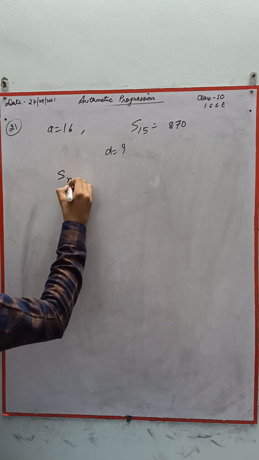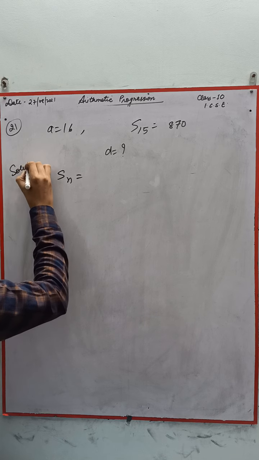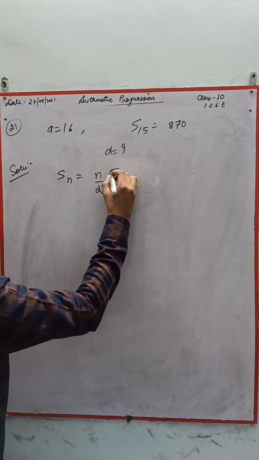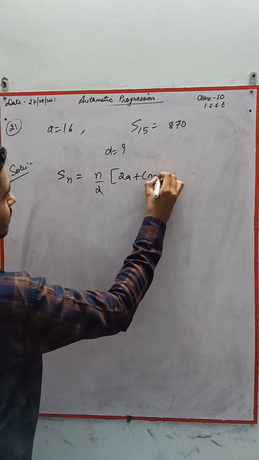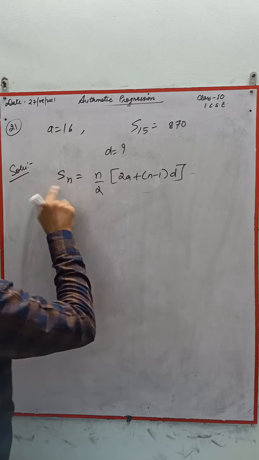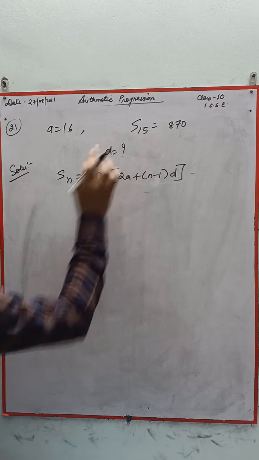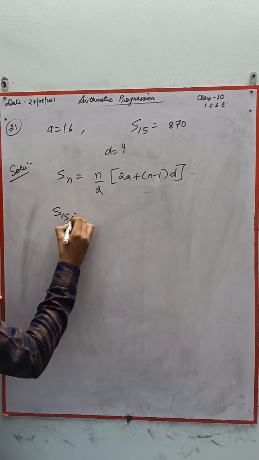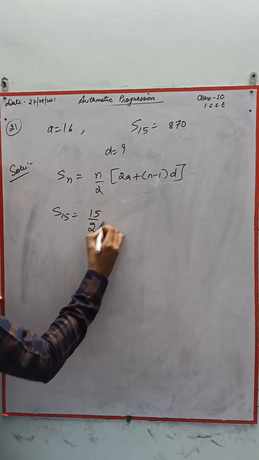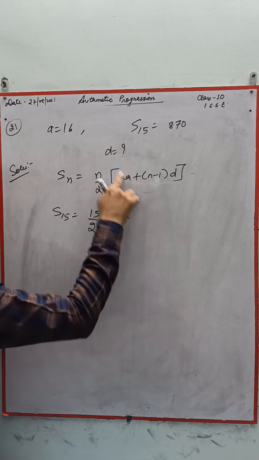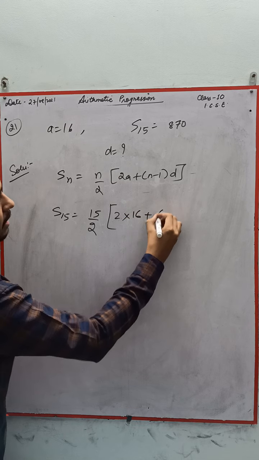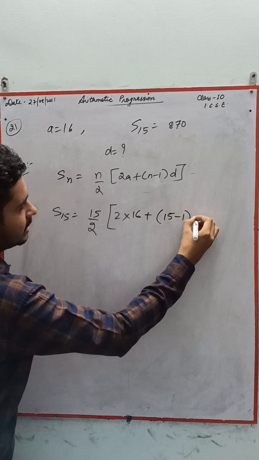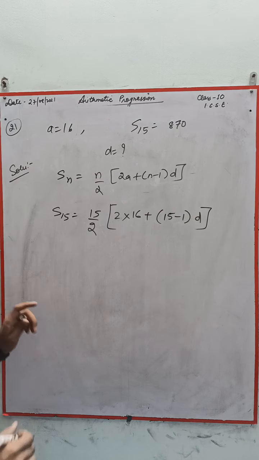So we know the Sn formula, that is n upon 2 bracket 2a plus n minus 1 into d. S15 we have, so n is 15. So S15 will be equal to 15 upon 2 bracket 2 into a, which is 16, plus 15 minus 1 into d, which we have to find.